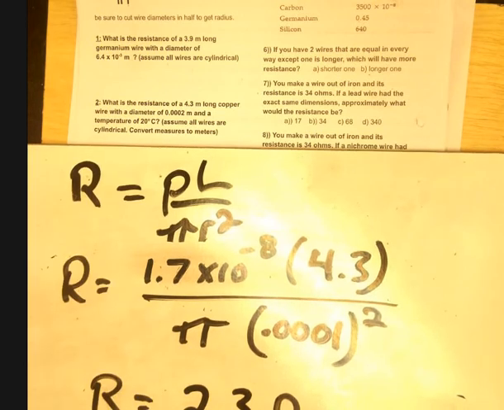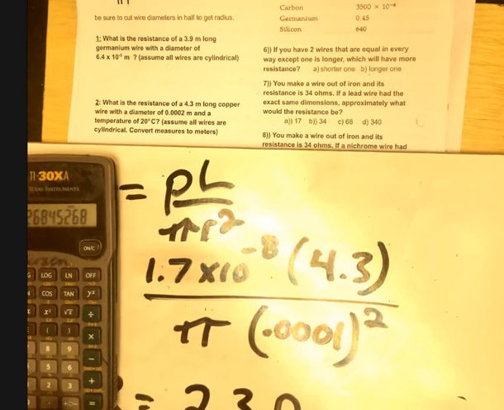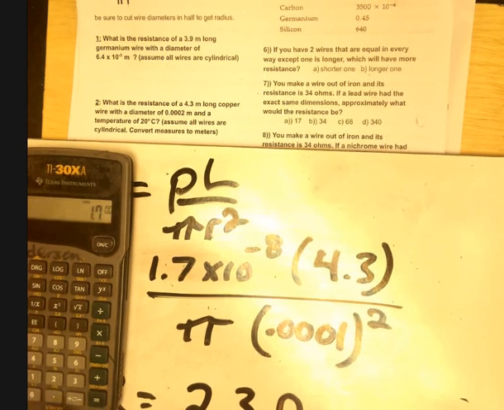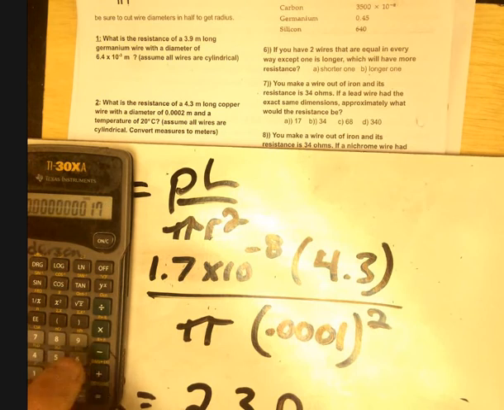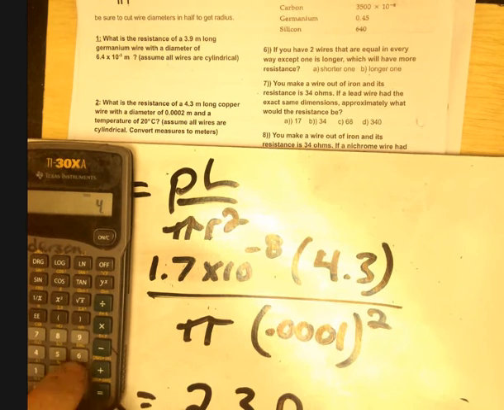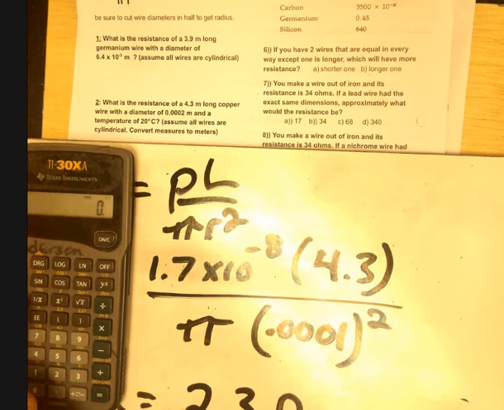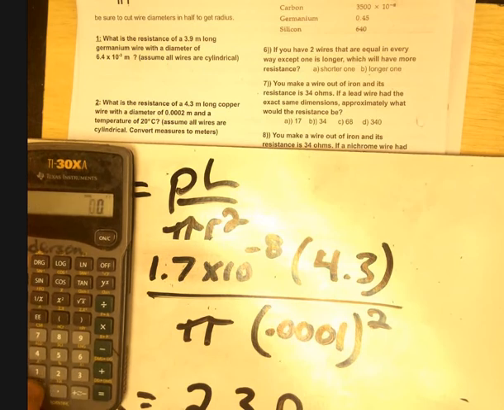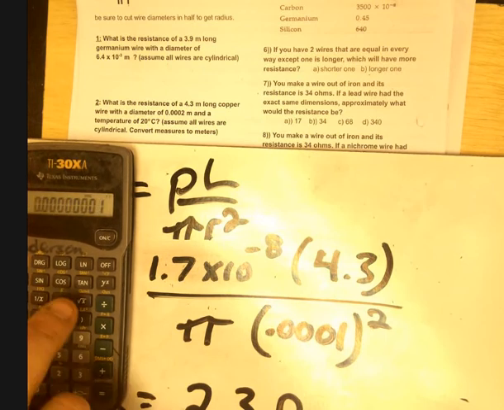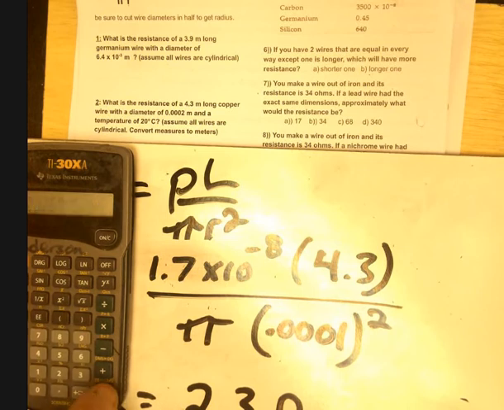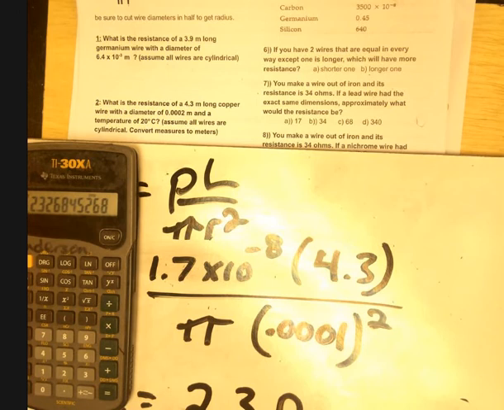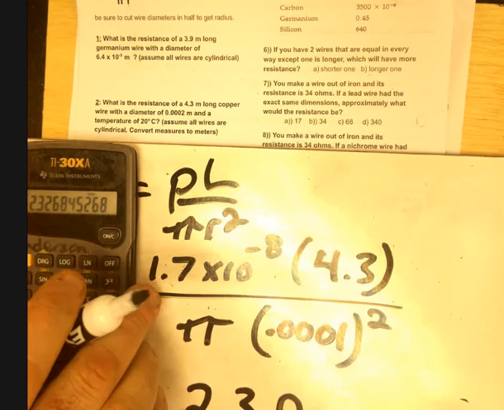Let's do this math in a different way. 1.7 EE negative 8 times 4.3 divide by, I'm going to do parenthesis, pi times 0.0001 squared, end parenthesis, equals, and I get the same 2.3. Okay, next.